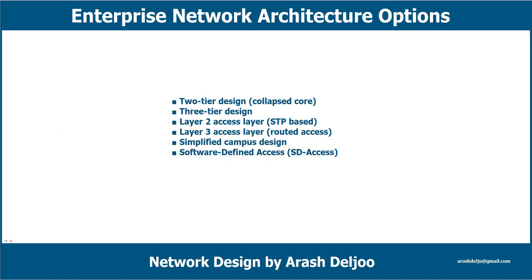Alright, now we know about the 2-tier design or collapsed core, the 3-tier design, the Layer 2 access layer STP-based, the Layer 3 access layer routed access, the simplified campus design, and finally software-defined access, or SD-Access. They are different enterprise network architecture options, and let me say that in some cases we combine different methods with each other.